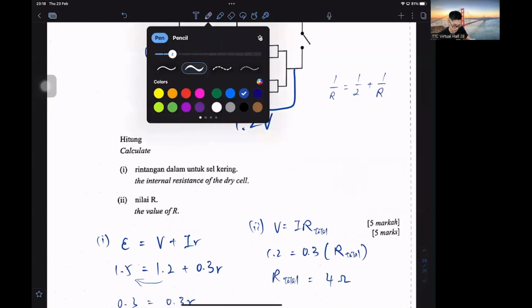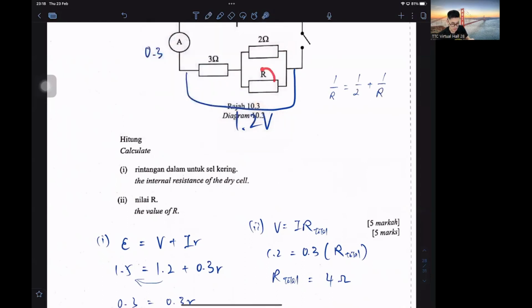Why do they use R here? I'm going to make this R1 so it's not so confusing. So 1 over R, which is the total resistance here, equals 1 over 2 plus 1 over R1.